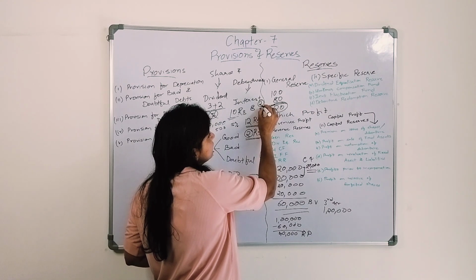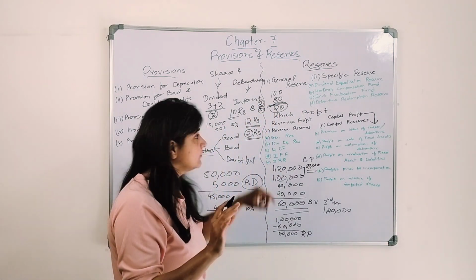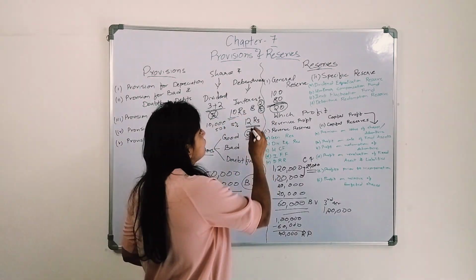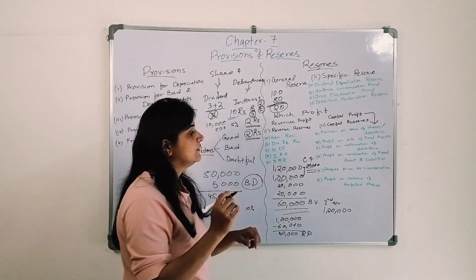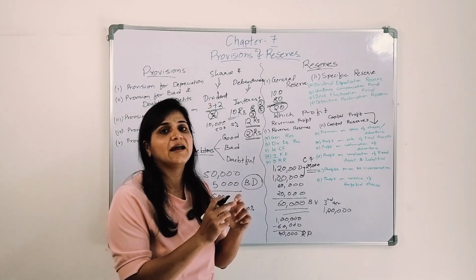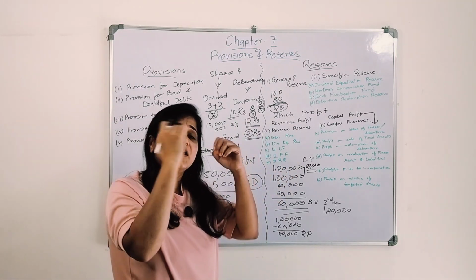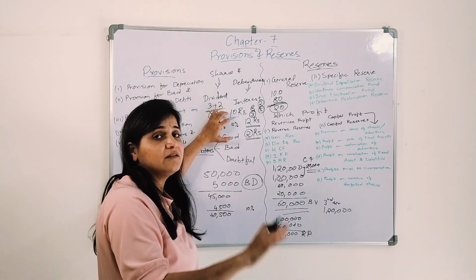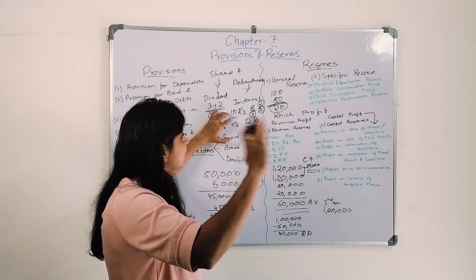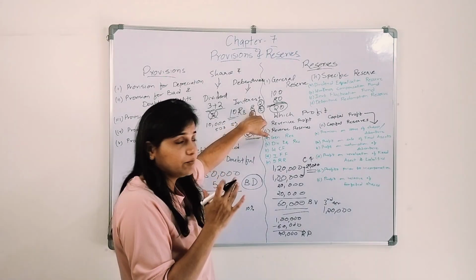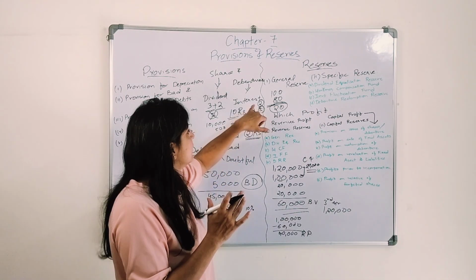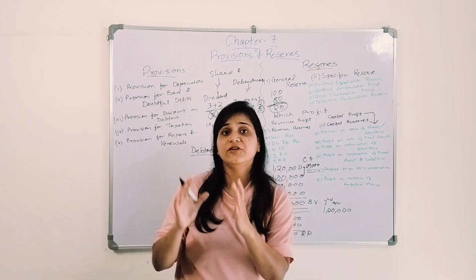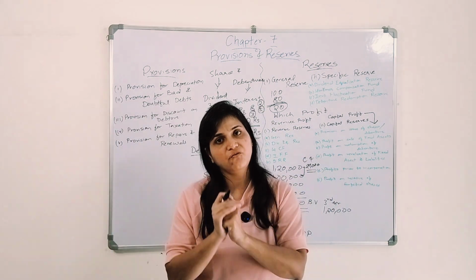The maximum discount is 5 rupees per share, but they give a discount of 2 rupees and issue it for 8 rupees. So 3 rupees is the profit on those forfeited shares. This 3 rupees is considered profit on reissue of forfeited shares.